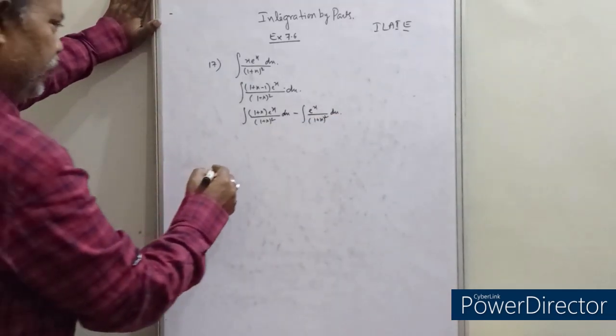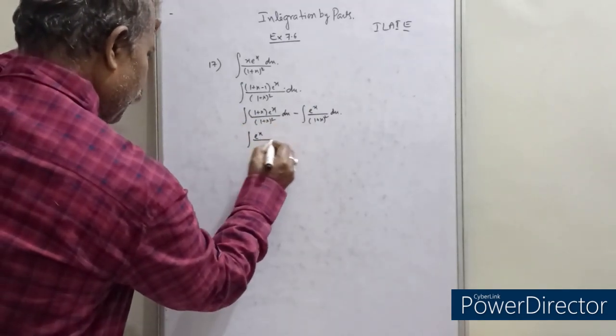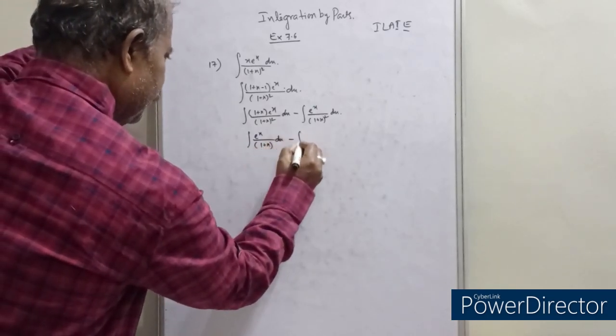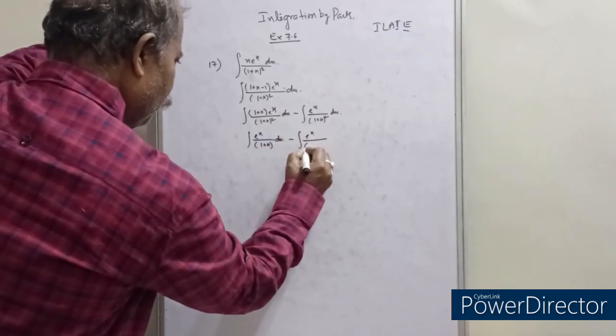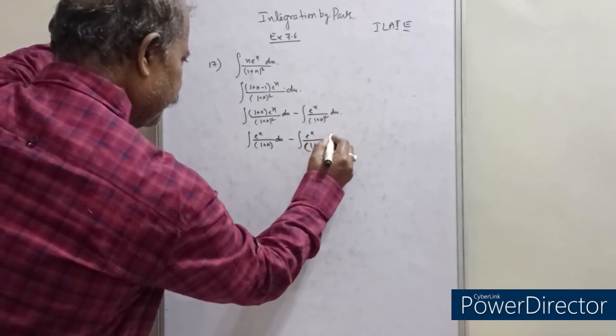So this and this cancel out: e to the power of x by 1 plus x dx minus e to the power of x by 1 plus x the whole square dx.